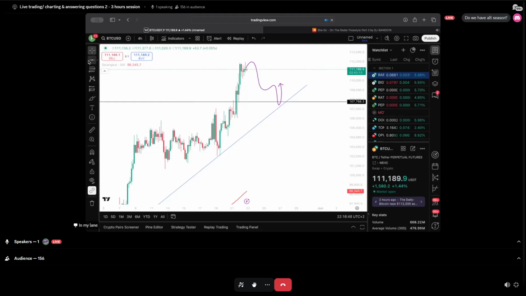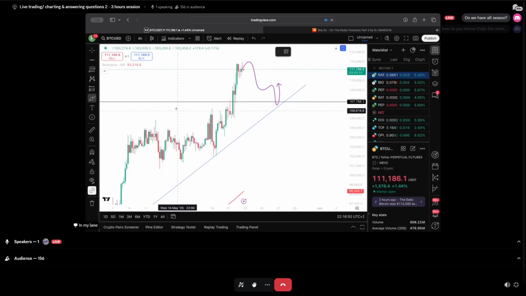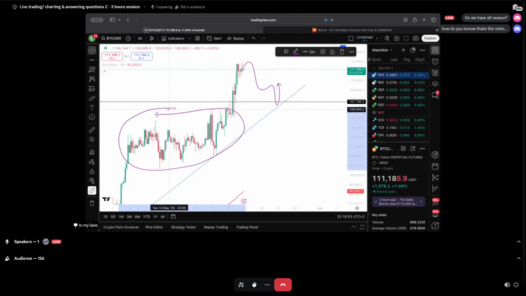But still, this is a strong level. It's like the top of the range we had before. This is the past range we had.